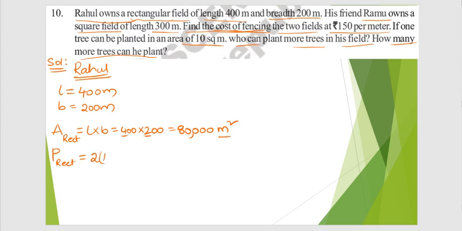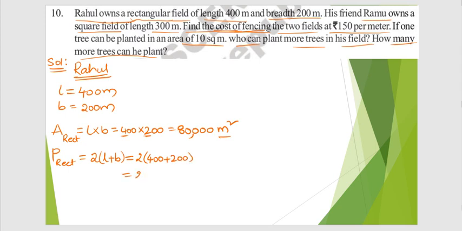So perimeter of rectangle is given by 2 times of (L plus B). See, in this particular question, we are going to discuss all the things about area, perimeter, right? Whatever the things that we have learned, everything we are applying here.